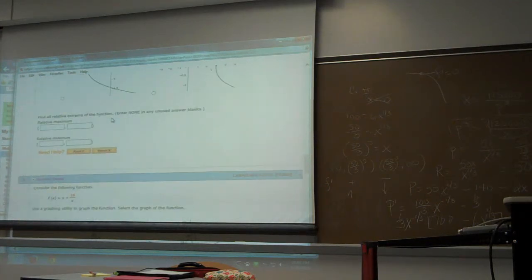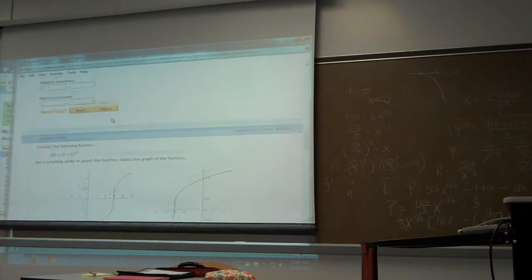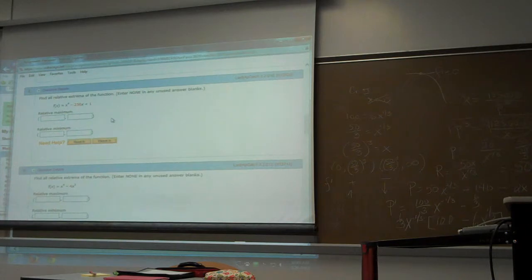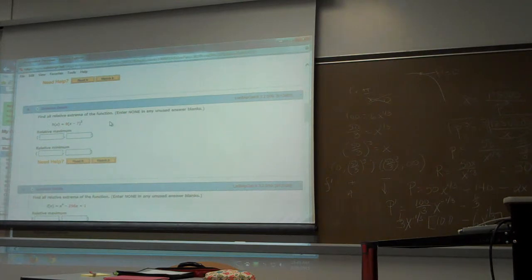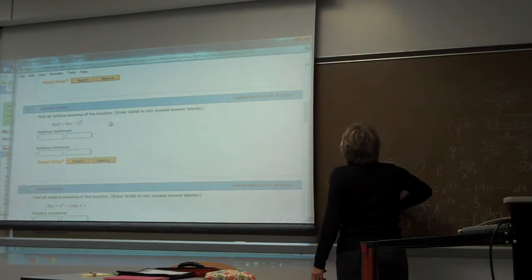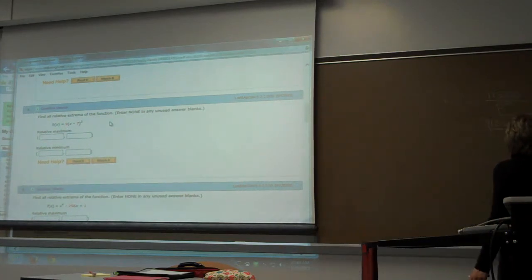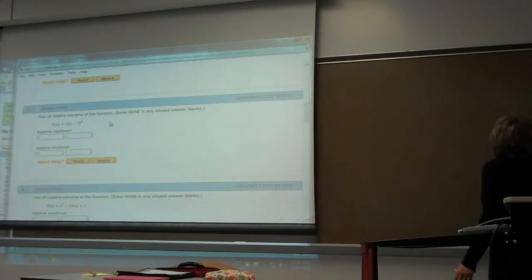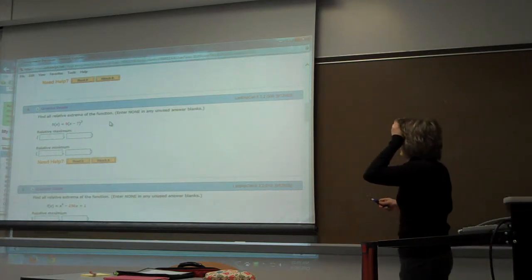Were there any of those derivatives or critical values anybody had trouble with? This one? Okay. If you were desperate and you just didn't know what to do about the derivative, what's one thing you could do?